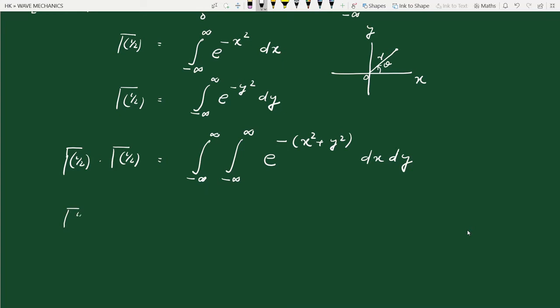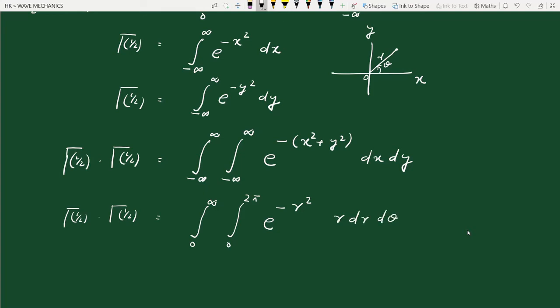Gamma half into gamma half is equal to, first of all, the limits change: 0 to infinity for r, and 0 to 2 pi for theta. E raised to minus x square plus y square is nothing but e raised to minus r square. Now instead of dx dy, we have the area element in terms of r and theta, which is r dr d theta.